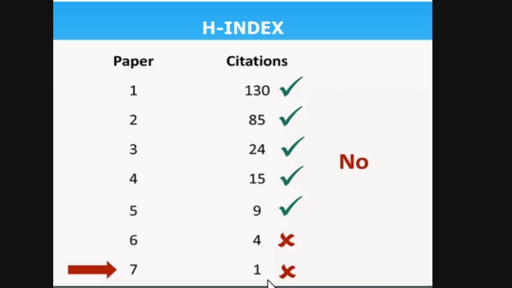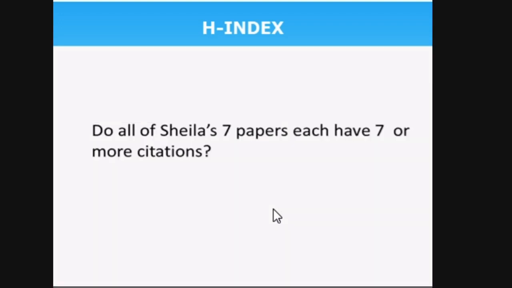Definitely no. Because in paper number 7 there is only one citation, which is not more than 7, and in paper number 6 there are only 4 citations, not more than 7. So only 5 papers have more than 7 citations. That is the answer to this question, not 7 papers.